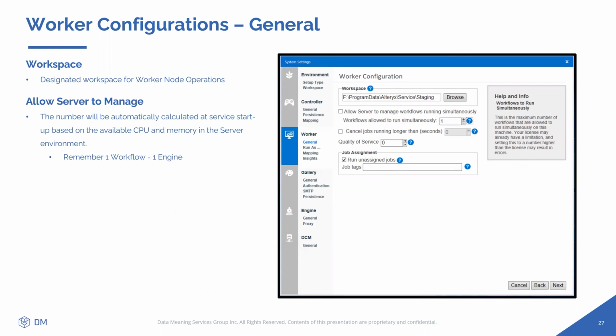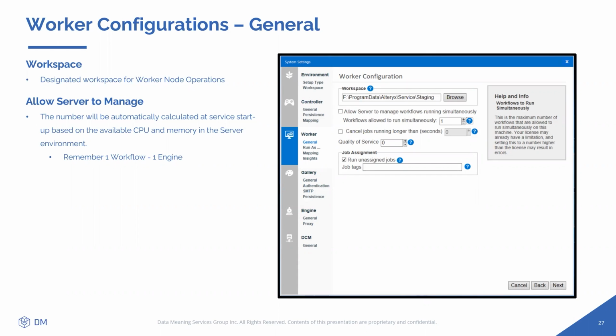Next, we can allow server to manage workflows running simultaneously. So when we allow Alteryx to automatically calculate the number of workflows running simultaneously, it will calculate at the service start based on available CPU and memory. So if you want to set this number manually, remember the rule of thumb, which is the number of physical cores divided by 2.